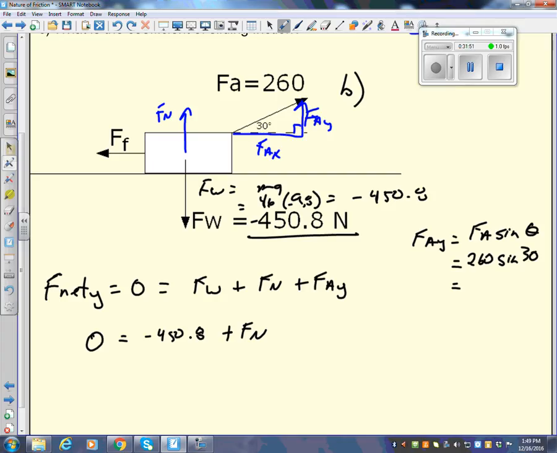Did you get 130? Yeah. And which direction is that? Up. So positive, right?